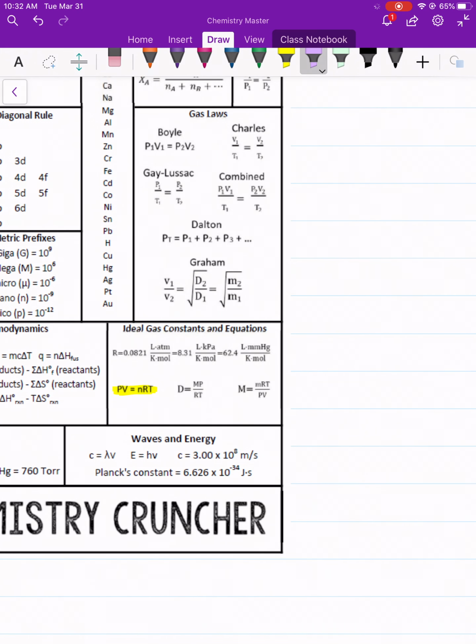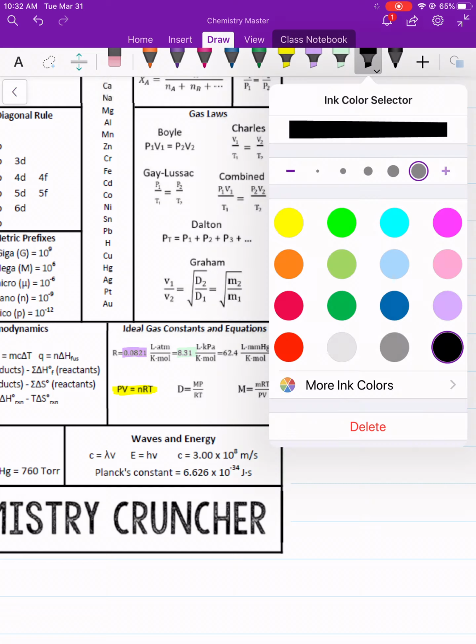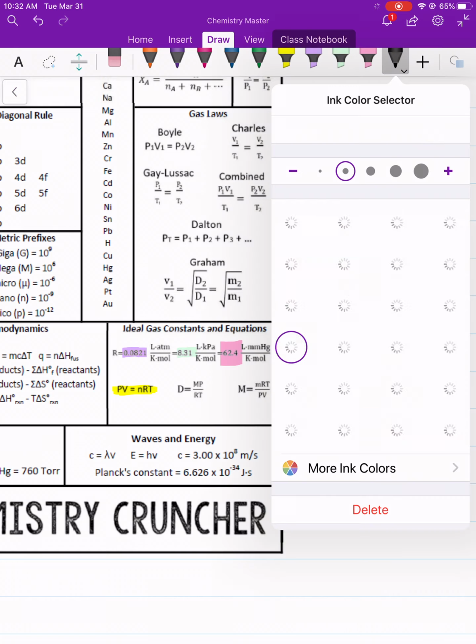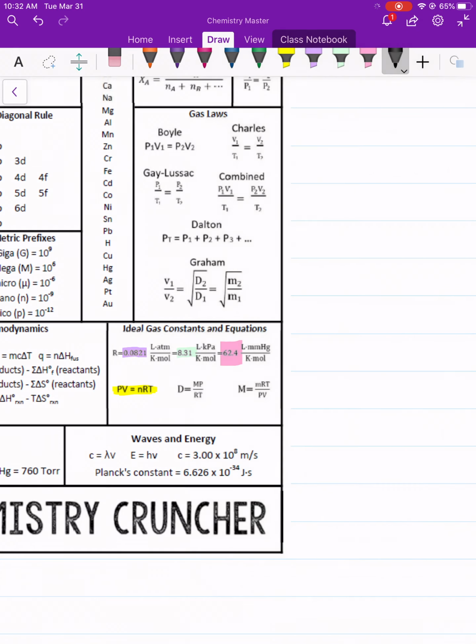You have 3 different R values. This is 0.0821. And then you have another value that's 8.31. And then you have another value that is 62.4. All right, and the only difference, the way you tell which R value you're going to use is by looking at what unit of pressure they use. So they all say liters times a unit of pressure divided by temperature times moles.